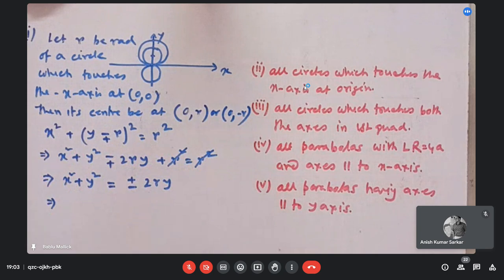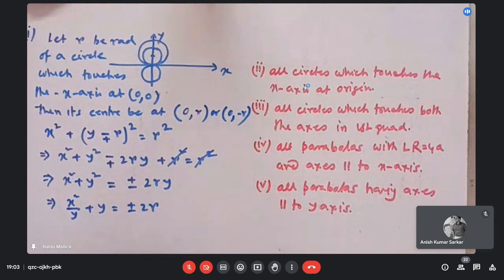Now divide by y. You have to eliminate r, so you will try first, if possible, to keep r free from x and y. So divide by y, then what are you getting? It is x square divided by y plus y is equal to plus minus 2r.